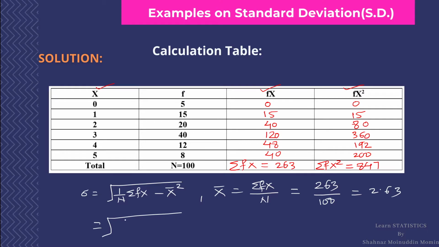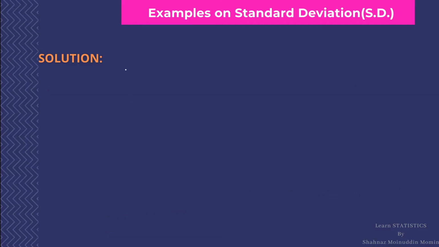1 upon 100 into 847 minus 2.63 bracket square, which is equal to sigma is equal to 8.47 minus 6.9169.